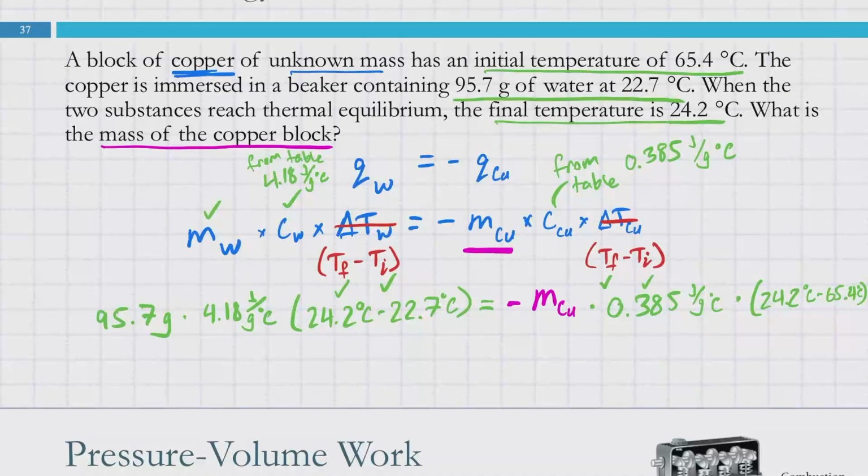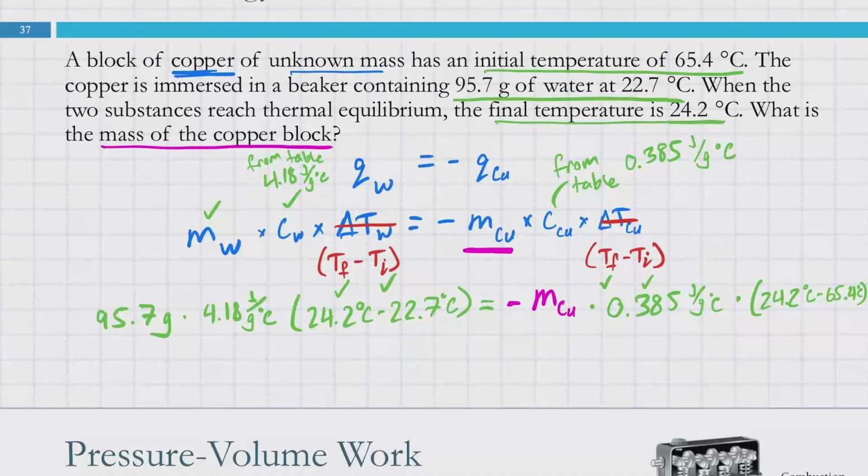On the left side, we are going to multiply it all out. So 95.7 times 4.18 times, open parentheses, 24.2 minus 22.7, optional close parentheses.